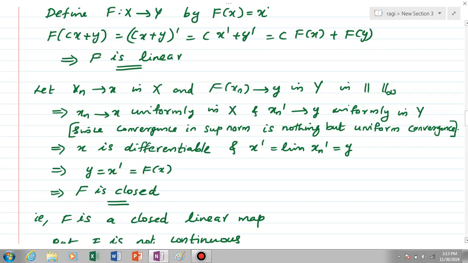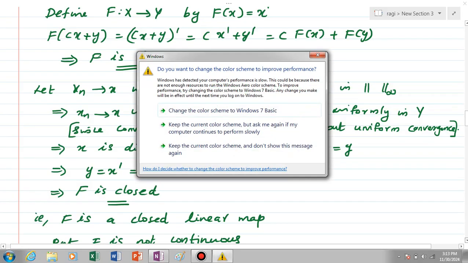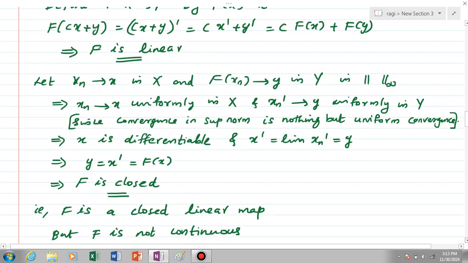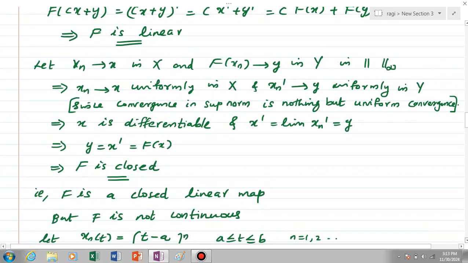That means y is equal to x', which is actually F of x. So if we choose xn converging to x and F of xn converging to y in Y, then y is equal to F of x. This means that capital F is a closed map. Okay, so now we have capital F is a closed linear map.